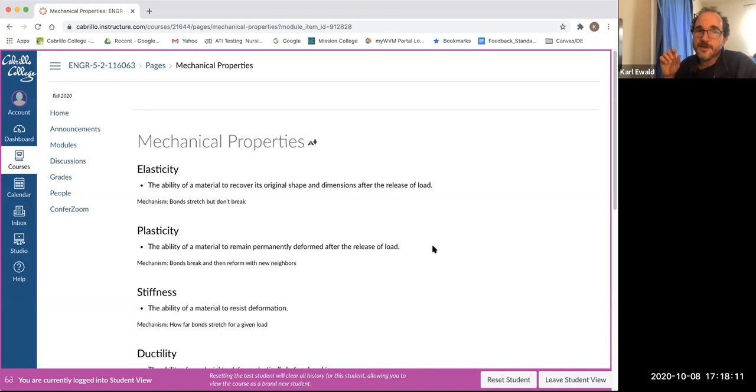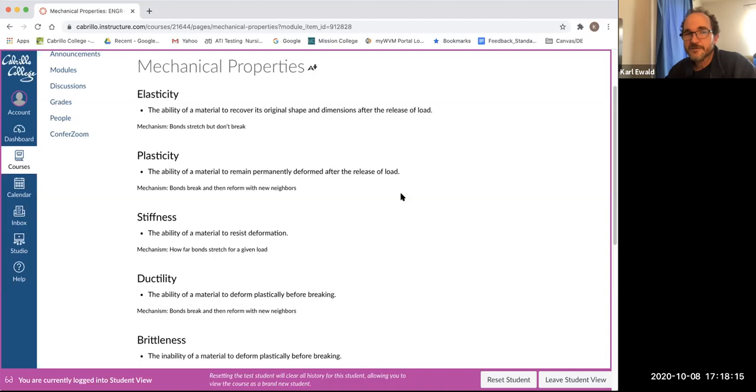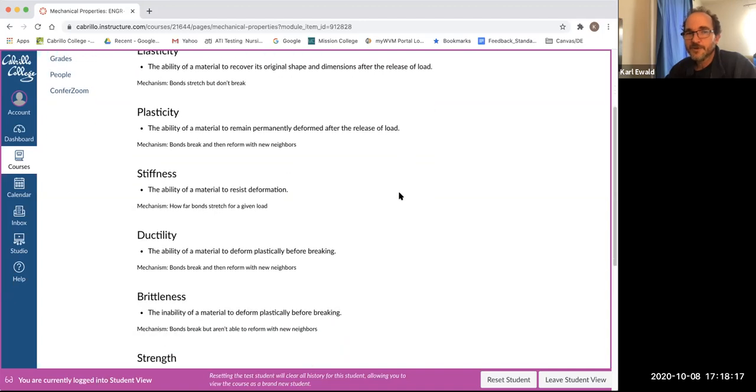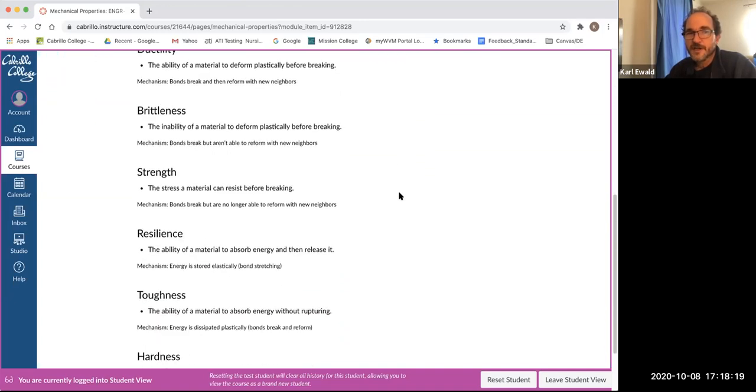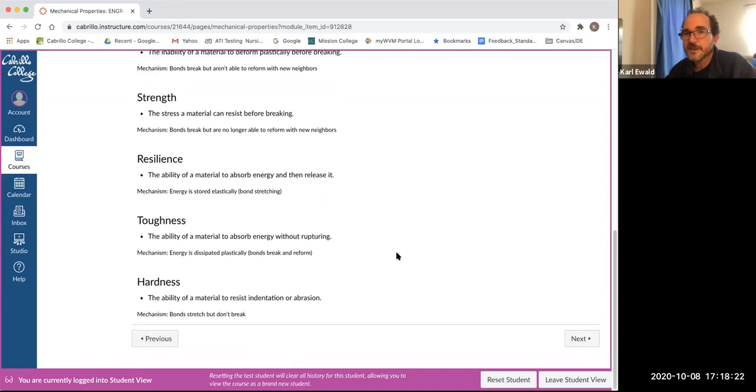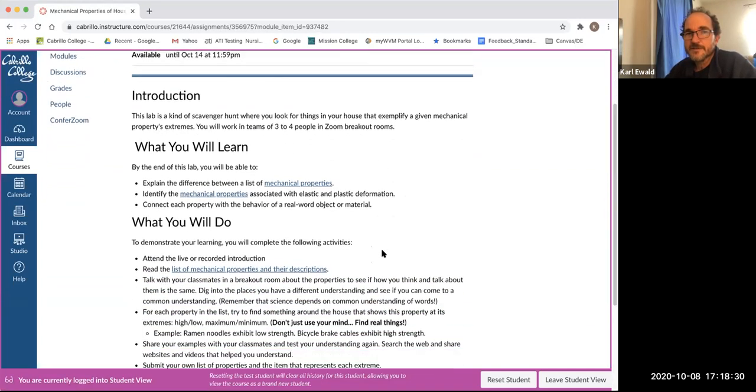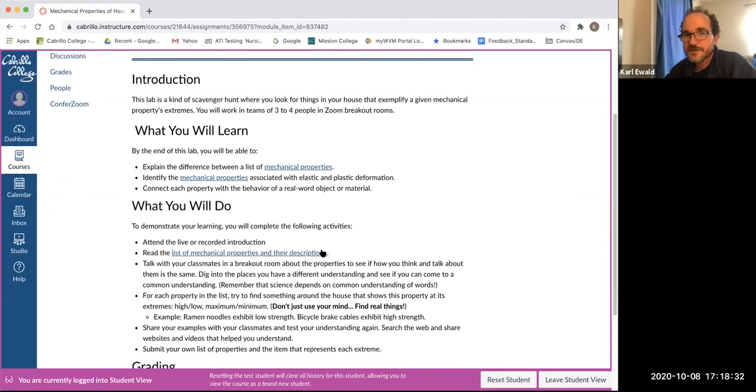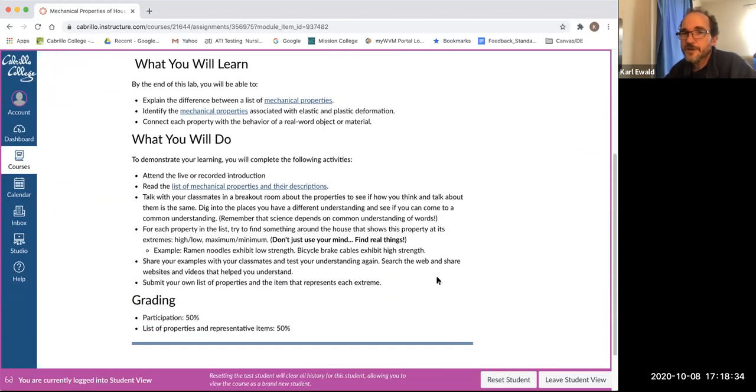So those two concepts, elasticity and plasticity, you'll see there's other ones here: stiffness, ductility, brittleness, strength, resilience, toughness, hardness. And the reason I'm not going to go through all of these with you is because the project is basically to go through each of these, this list, and to look for things in your house that exemplify them.